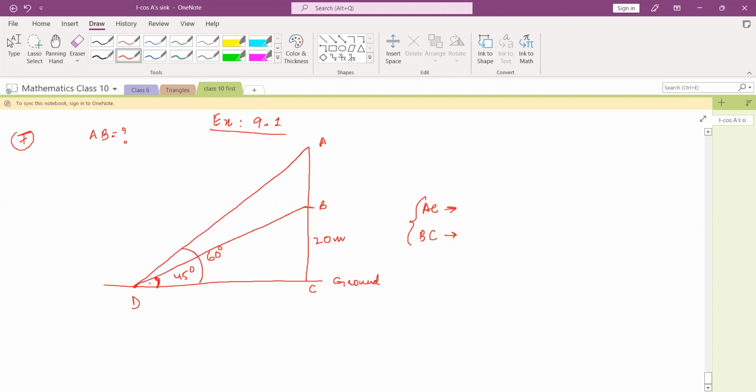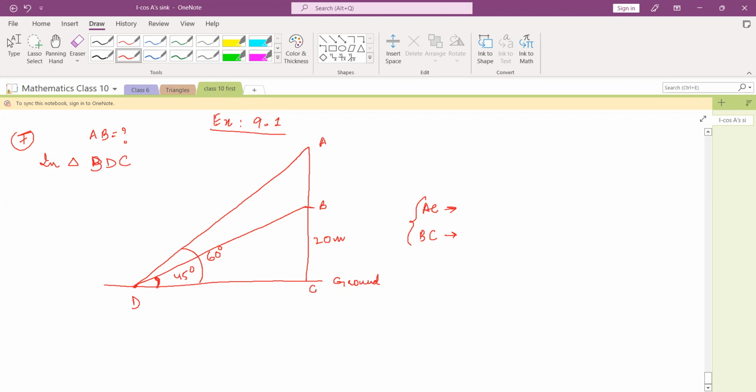Now, what do I know here? I know in triangle BDC the perpendicular. So can I find the base? Look at BDC. I know the value of the perpendicular, that is BC.